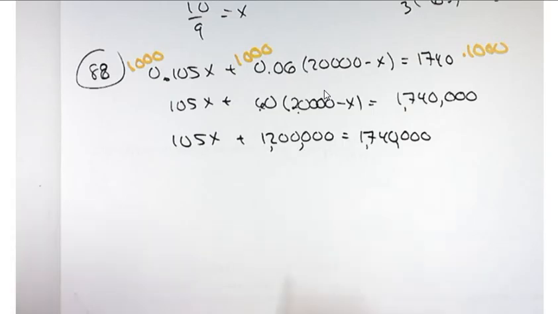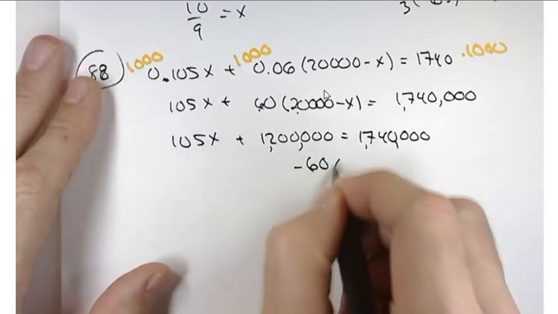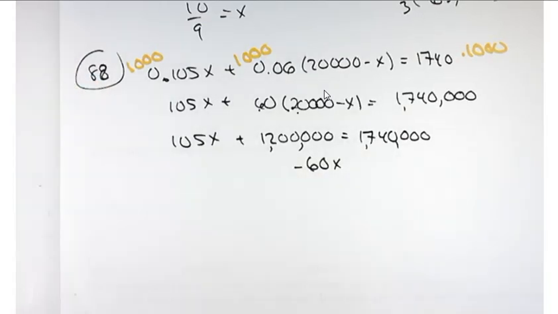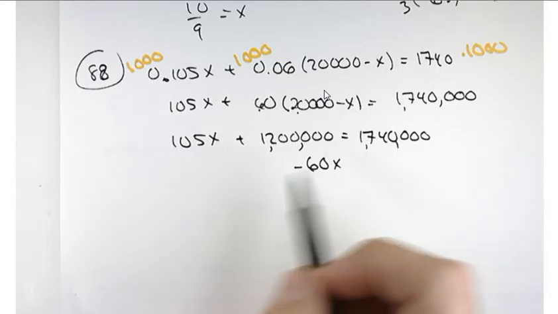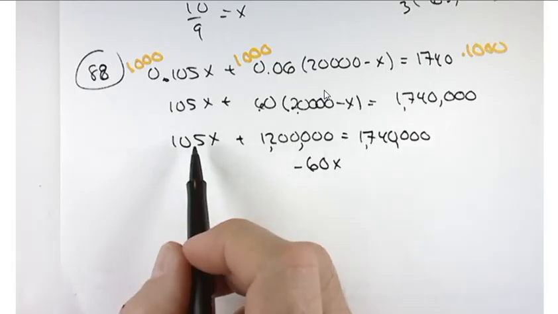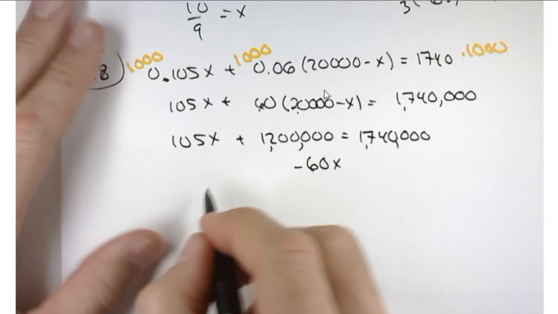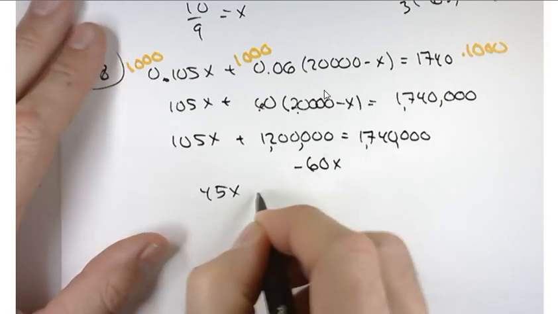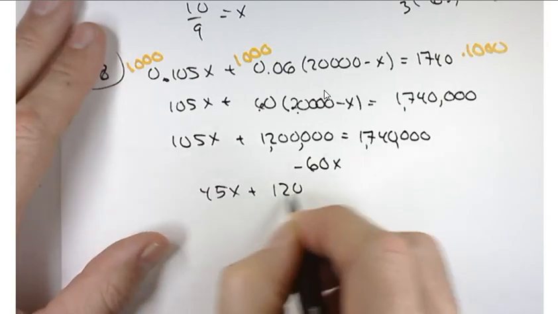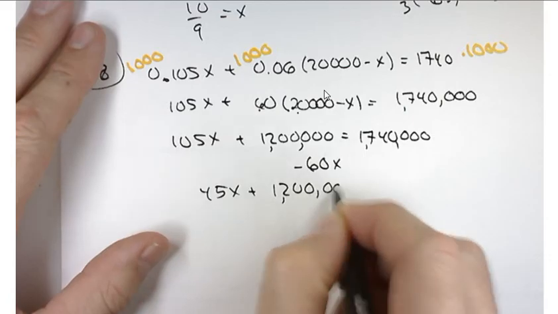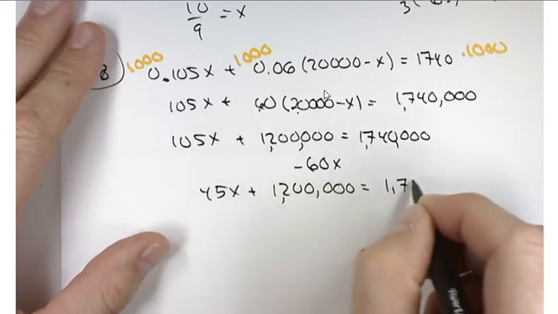Oops, there's also a minus 60x. Thank you. I forgot to do the distributing part. There's like terms that I can combine. 105 minus 60 is 45x plus 1.2 million equals 1,740,000.